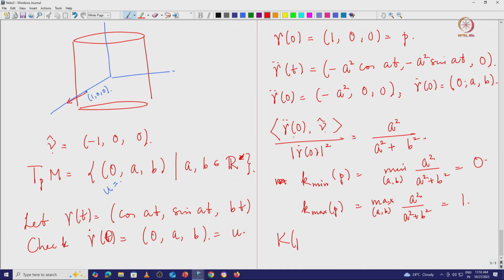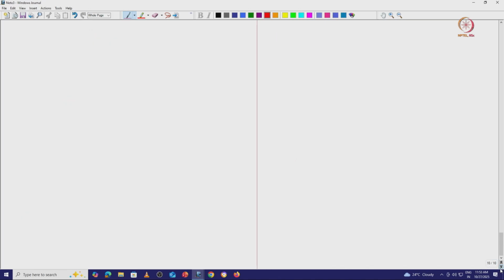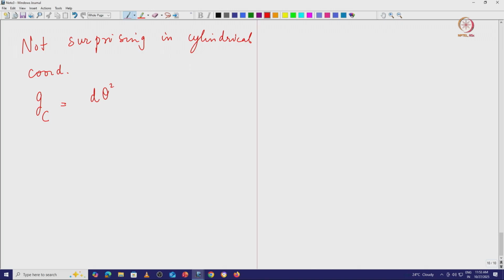So the Gauss curvature of the cylinder is 0, which is not surprising, because in cylindrical coordinates the induced metric on the cylinder is just given by d theta squared plus dz squared.